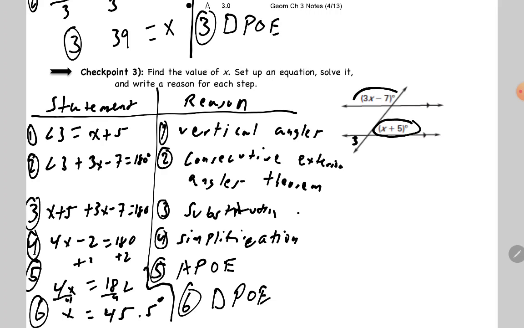And then that angle and this angle, so angle 3 and then 3x minus 7, are consecutive exterior angles, so that means they add up to 180. So now I have an equation I can work with to eventually get down to what x is.